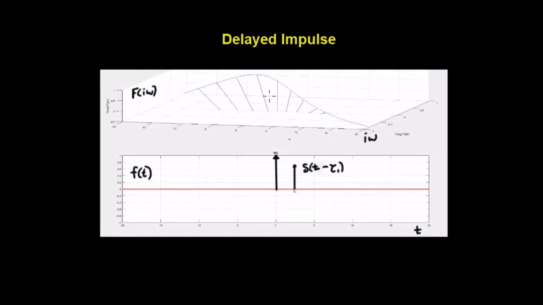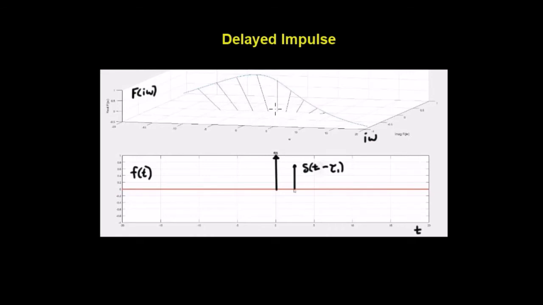So what happens in effect is that if we were to think about this straight line here as being made up of an infinite number of little phasors, then whenever we shift a function in the time domain, these phasors start to rotate, and you can see the rotation of these phasors here.